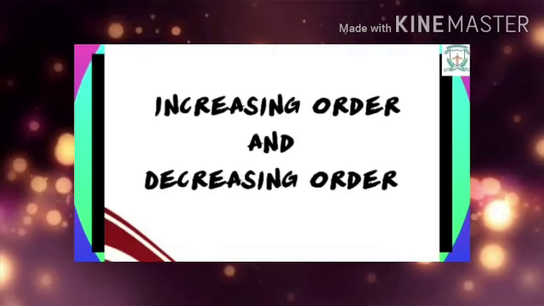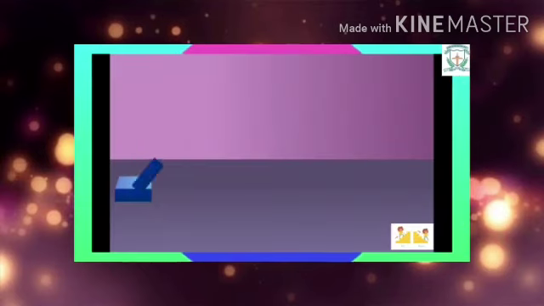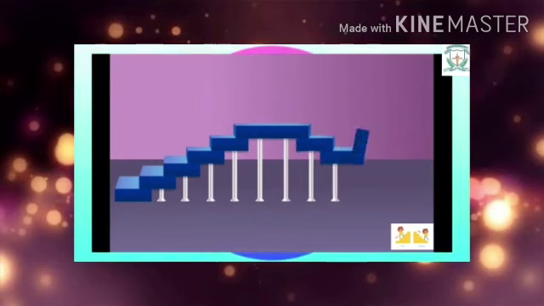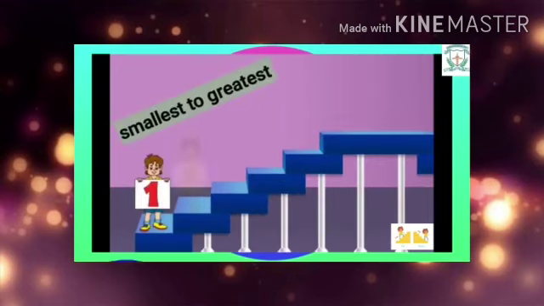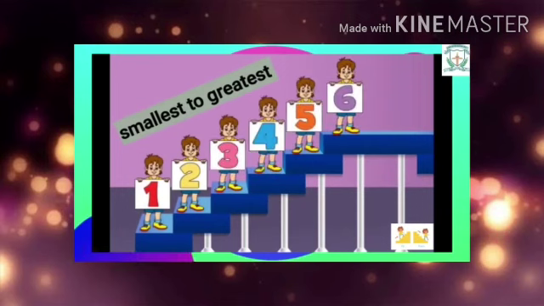Let us learn the concept of increasing order and decreasing order with the help of stairs. We have 1, 2, 3, 4, 5 and 6. As we are moving upstairs, we are moving in increasing order.